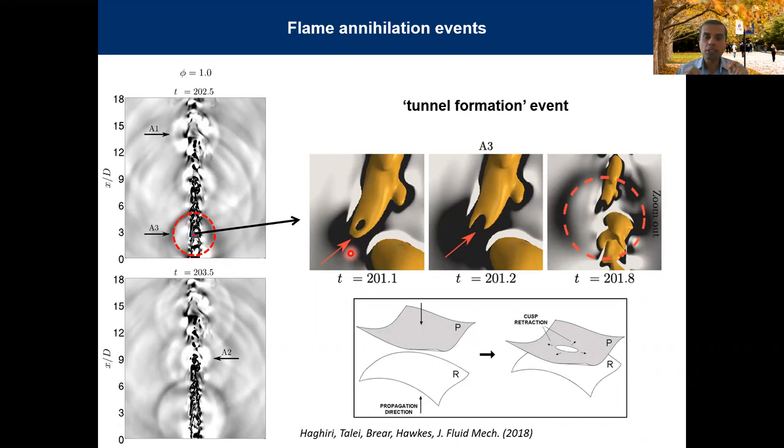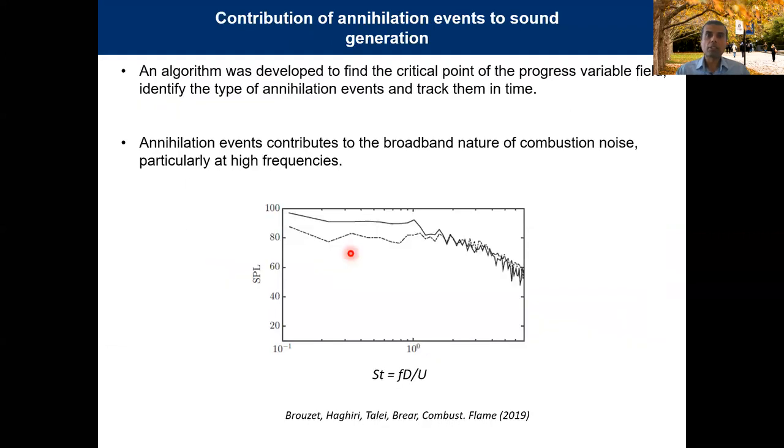So again, one of the key questions we had was, we can see that these events make noise, and we can visualize it and trace them back visually, but can we quantify the significance of these annihilation events in terms of the overall sound generation? So what we did next was develop an algorithm that can find these annihilation events automatically, all right?